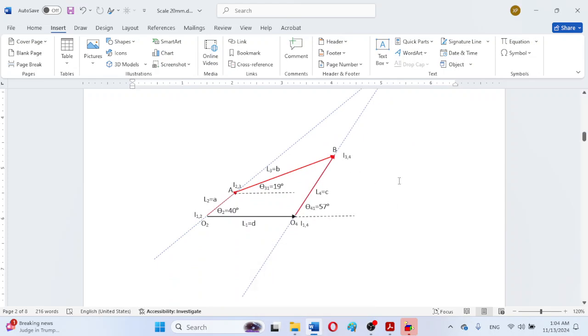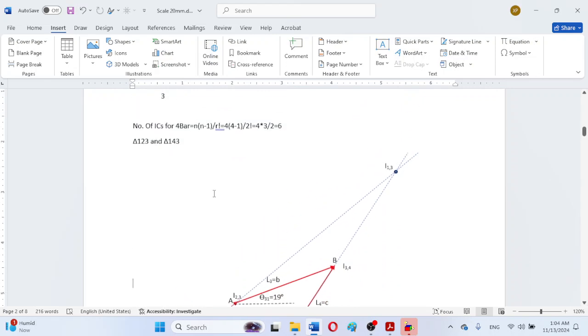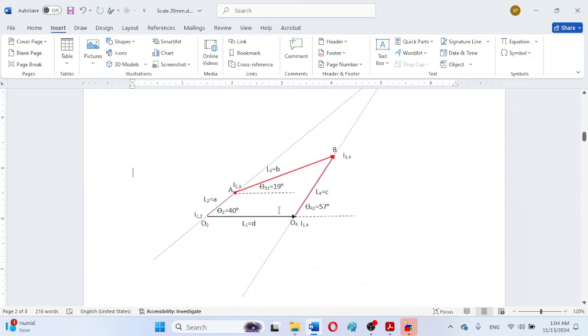After that, the next, the sixth instant center, will be for the two bodies which are link number 2 and link number 4, which are not directly connected with each other.